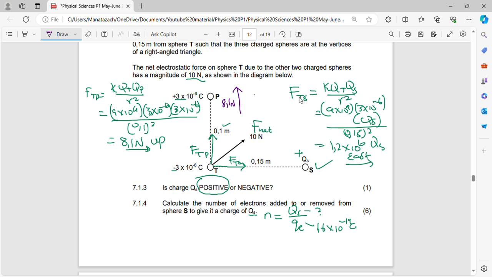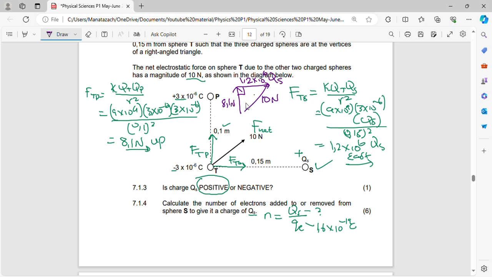And then FTS will be going to the east by 1,2 times 10 exponent 6 QS. Then I have the resultant force, which is 10 Newton. So this is a right angle triangle.